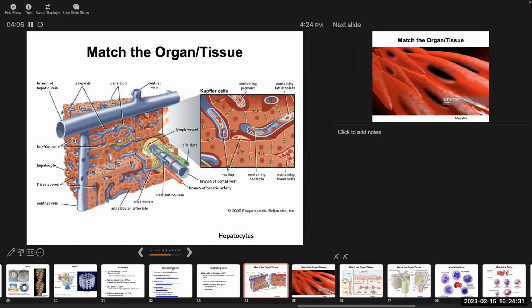The hepatocytes absorb glucose from the blood and convert that glucose into glycogen to store it for later. The hepatocytes also absorb lipids and cholesterol from the blood, coming from your digested meal. And then the hepatocytes regulate the levels of different lipids or lipoproteins in the blood.